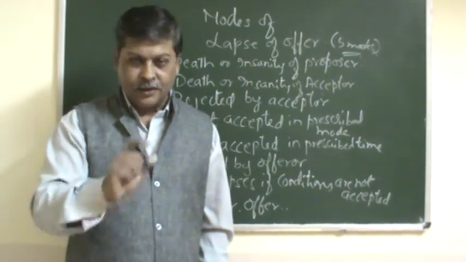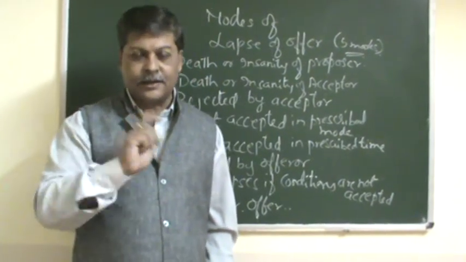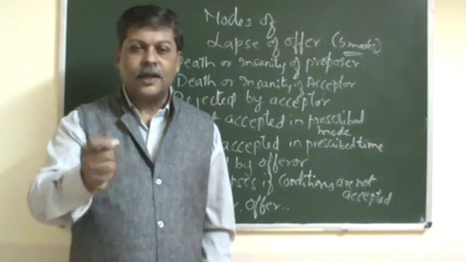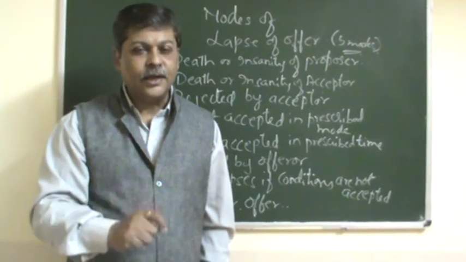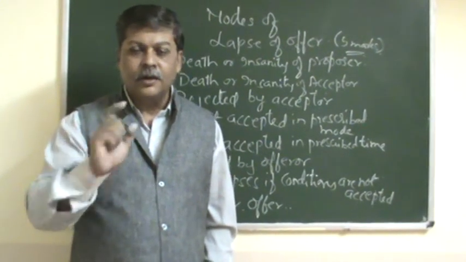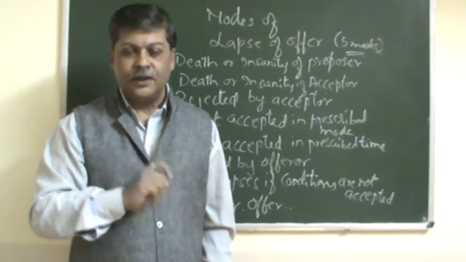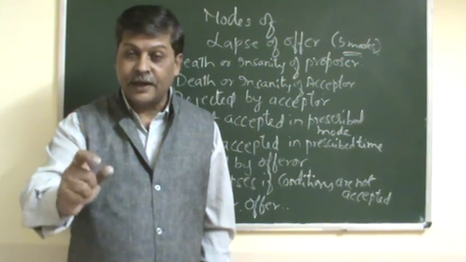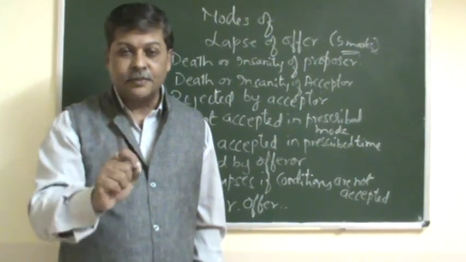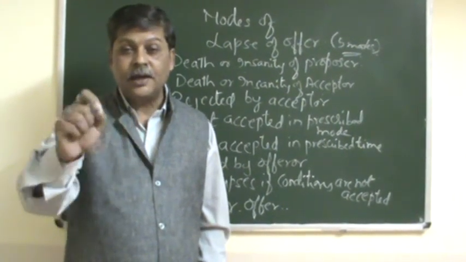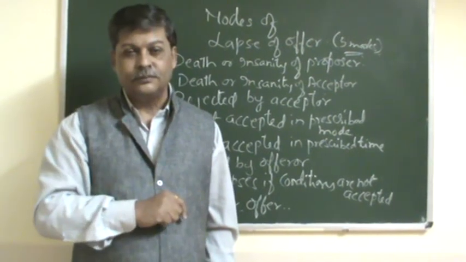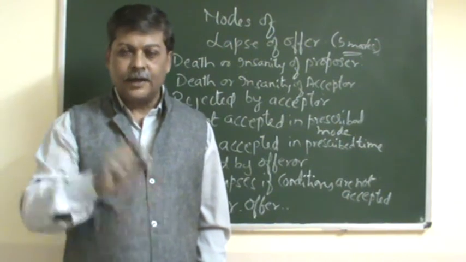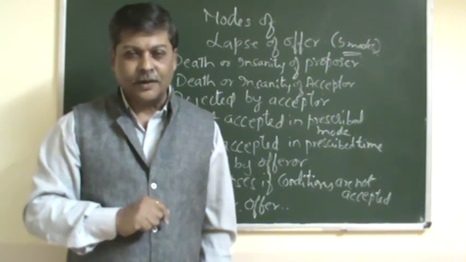Now for example, A has sent a letter to B stating that he is ready to sell his motorbike for 10,000 rupees. He has sent it by a letter, and in the letter he has mentioned to reply immediately by phone, and he has given the phone number.